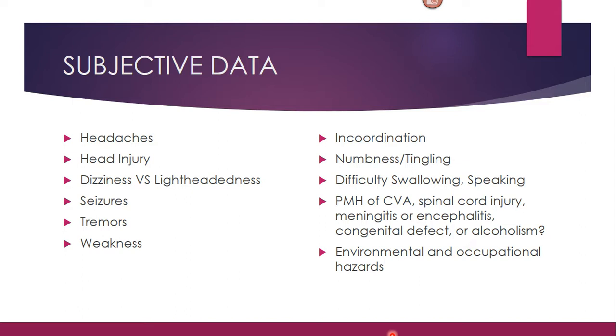Like with headache, if a patient comes in complaining of headaches, then I will ask, do they have an aura? Do they see something that can tell them that the headache is coming on?